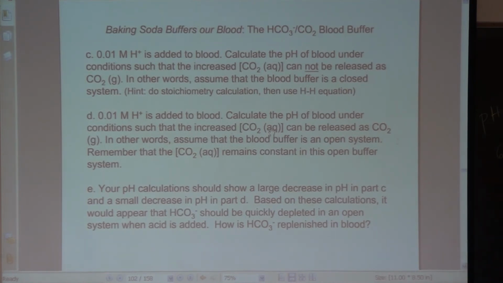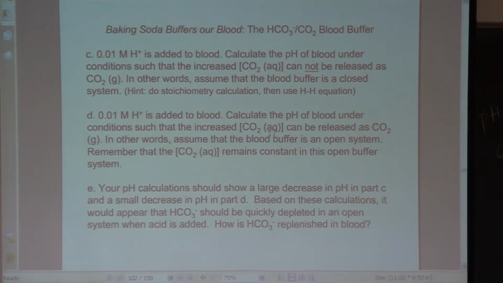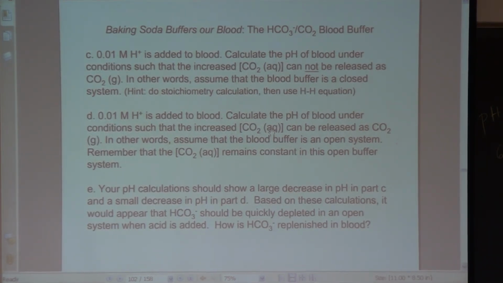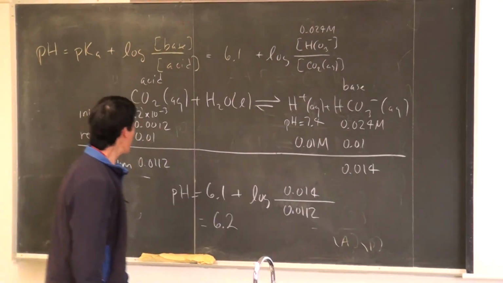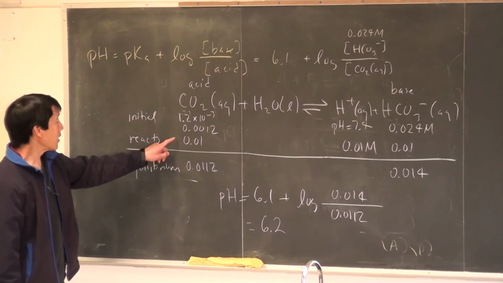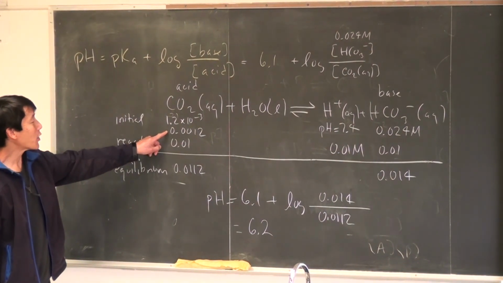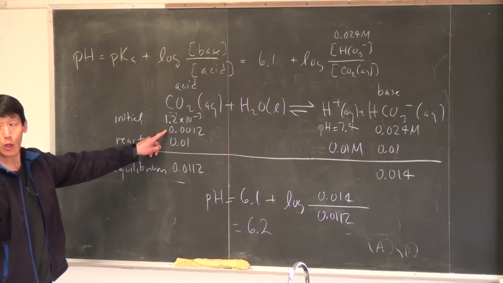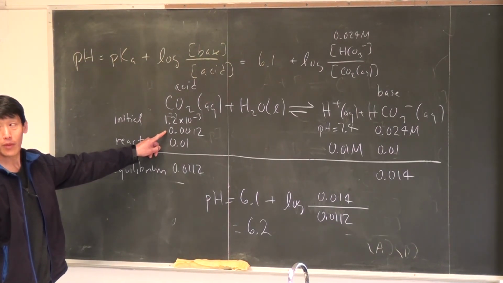Okay, so what we're changing in this case is, note that the HCO3 minus, we subtract 0.01, so it's going to be 0.014. But in an open system, what happens to the amount of CO2 if we can exhale the excess CO2?